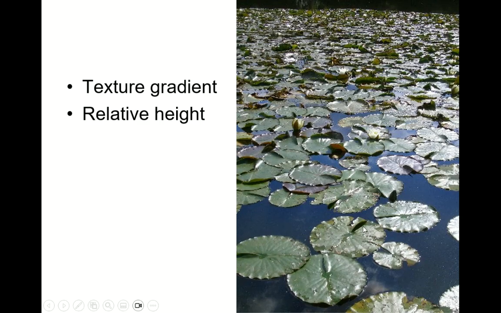Texture gradient means that the closer it is, the more texture you see in the picture. But if you go further away, you don't see as much detail, not as much texture. Also, relative height. If it's higher up on the picture, you perceive it to be further away, as you should.